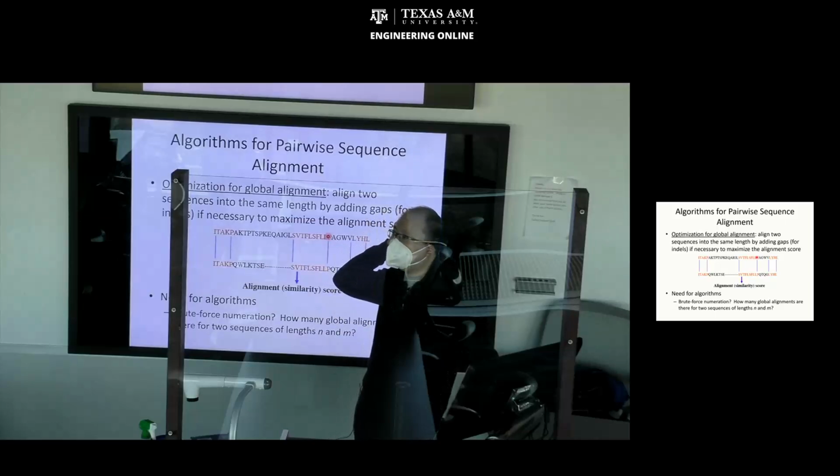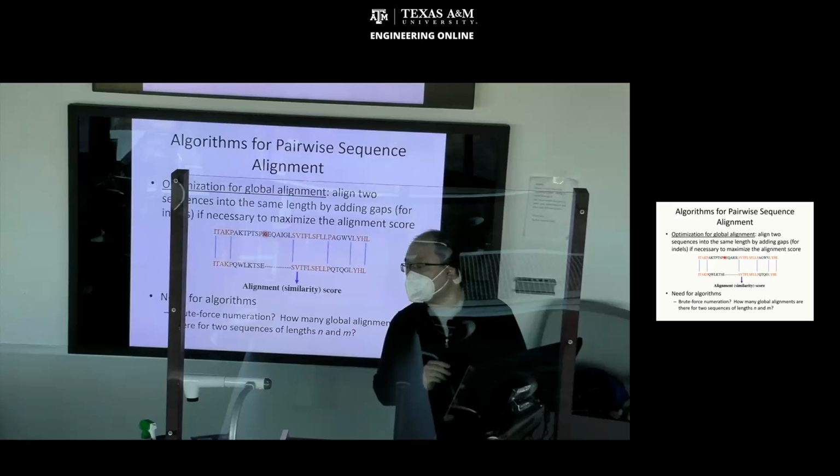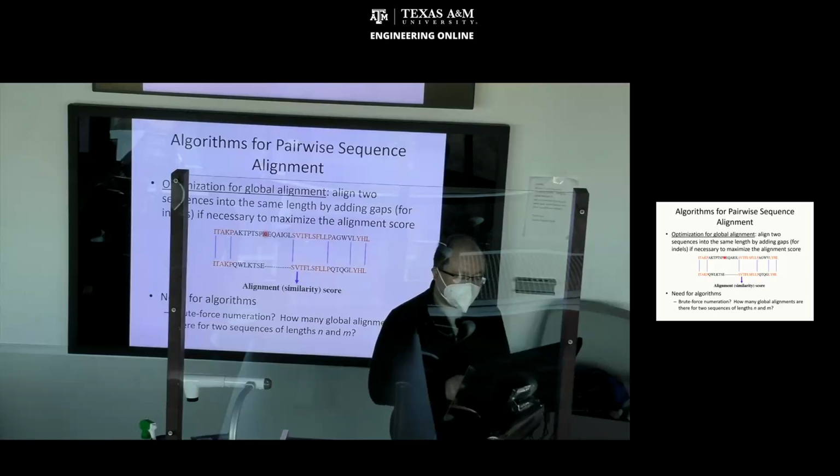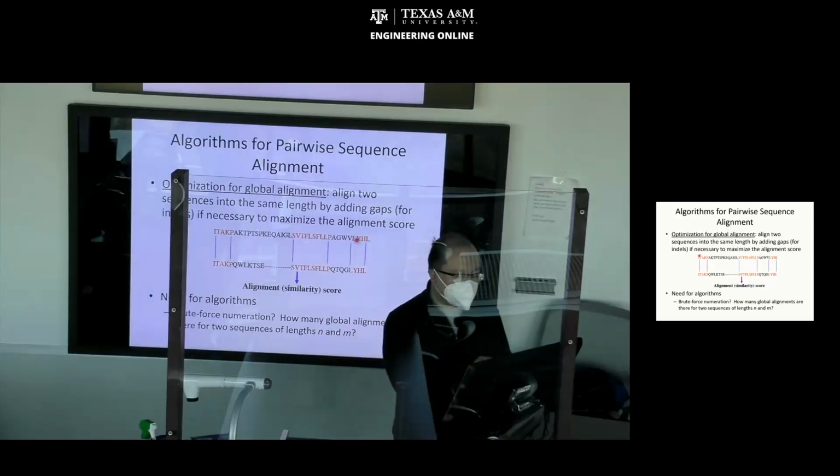So you're saying I can consider this as a problem of introducing gaps to this sequence whenever needed. How many positions can I introduce a gap? You said it's m minus 1. I think it's probably m plus 1. Oh, you said m plus 1 too, because you also consider the two ends.